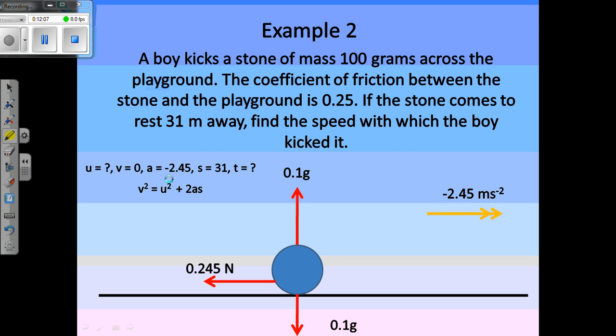So we're going to use the equation v squared is equal to u squared plus 2as to solve for u. Plugging all those values in, we get 0 is equal to u squared plus 2 lots of minus 2.45 times 31. So rearranging that, u is equal to the square root of 159, which is 12.3 meters per second.